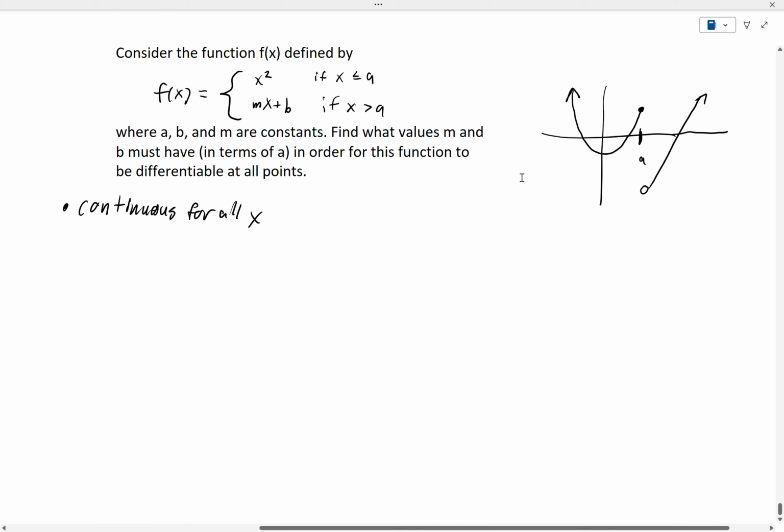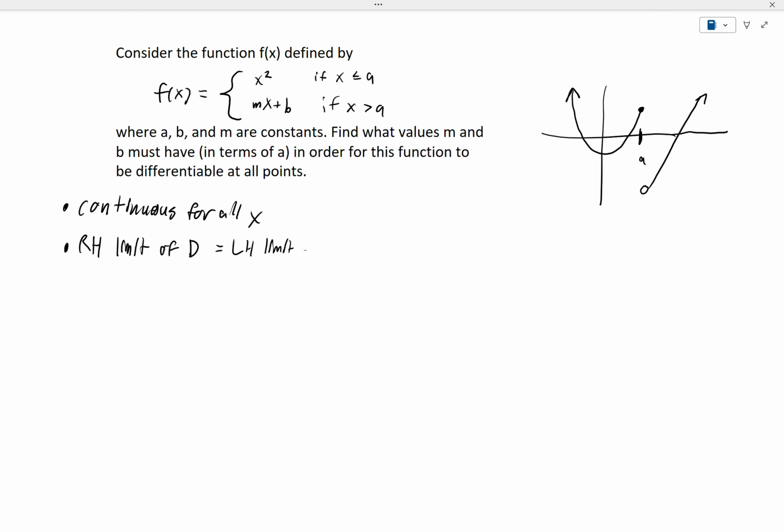And what else needs to be true? Well, we need to have no sharp points. In other words, the left-hand limit of the derivative and the right-hand limit of the derivative need to be equal. So I'll say right-hand limit of derivative needs to equal left-hand limit of derivative. Just some abbreviations there. But that makes sense.